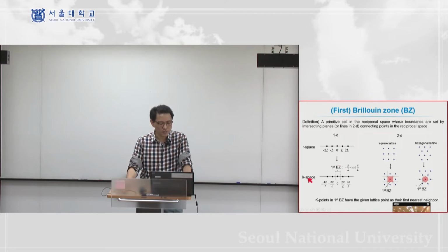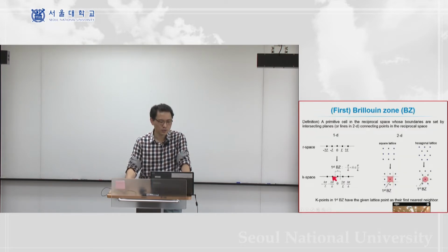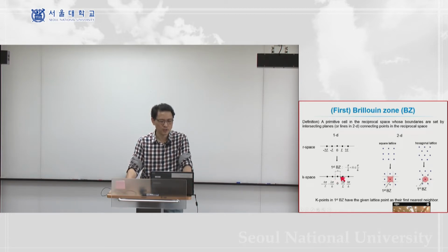Then the K-space is converted into the same periodic lattice, but the lattice parameter is changed to 2 pi over L. The first Brillouin zone means that around the origin, you can draw the perpendicular intersecting lines to the dashed lines connecting these two points, and the region within these two boundaries is called the first Brillouin zone of the reciprocal space.